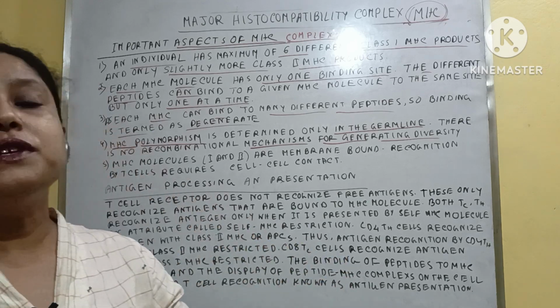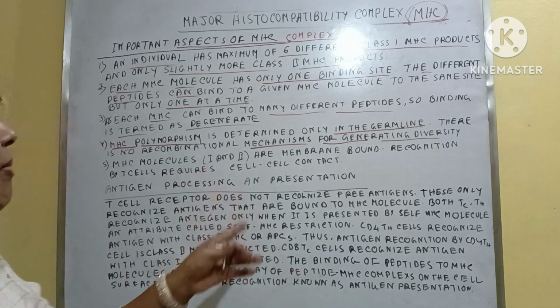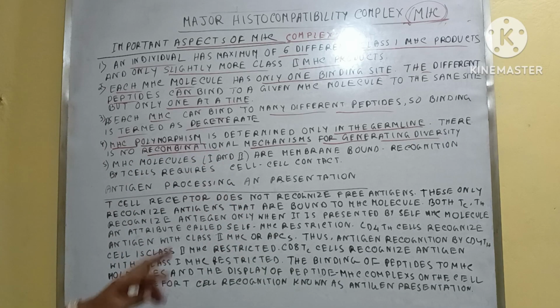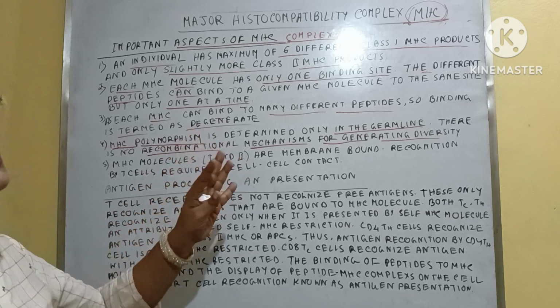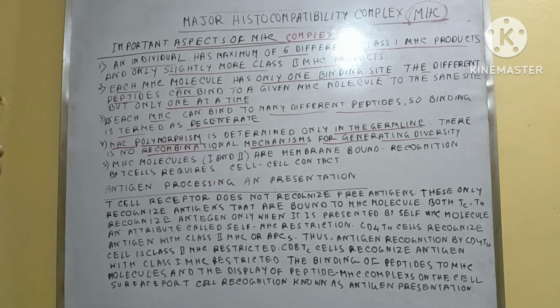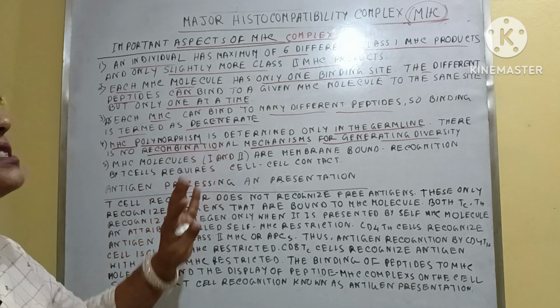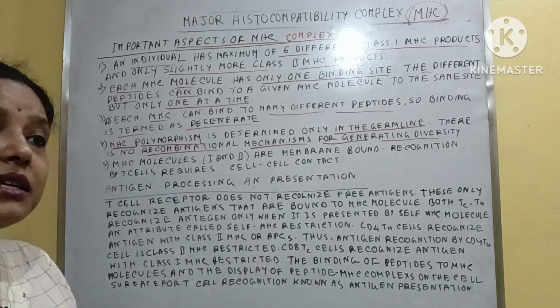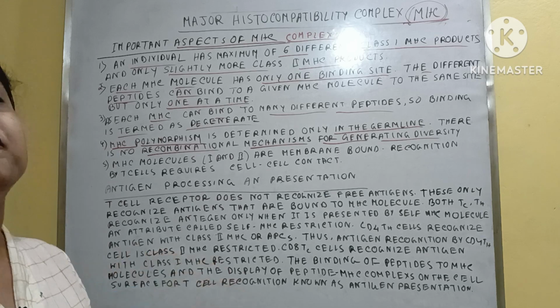But this polymorphism is not gained by a recombinational process. This is its stable feature.